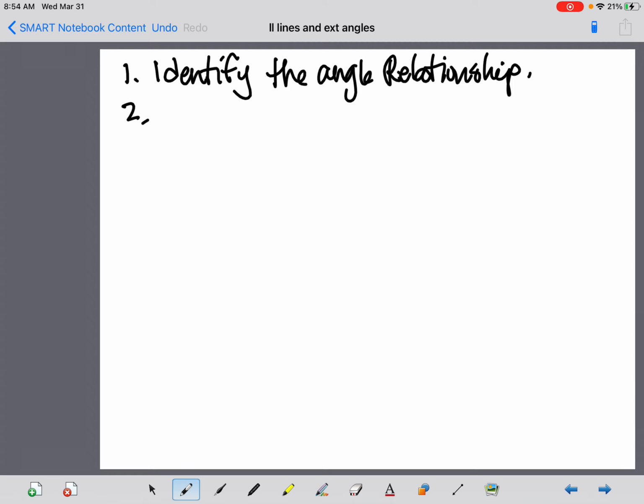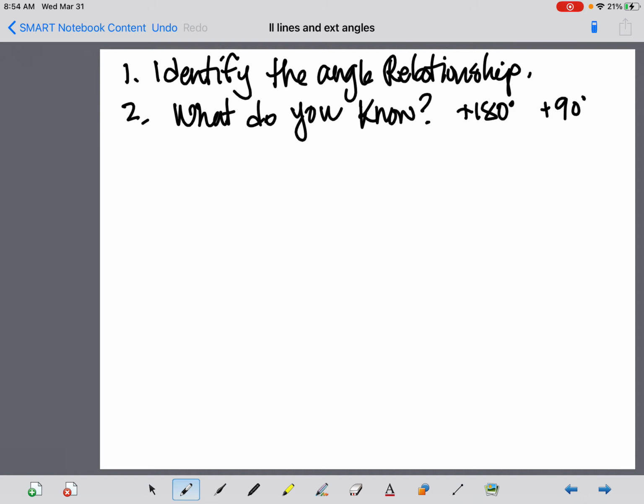And then the second important part is to ask yourself, what do you know about that relationship? Does it add up to 180? Does it add up to 90? Does it add up to 360? Or are they equal to each other? So what do we know about those kinds of relationships?